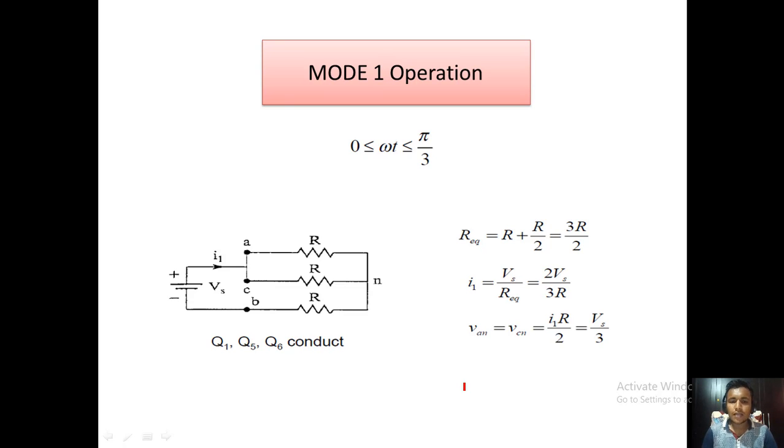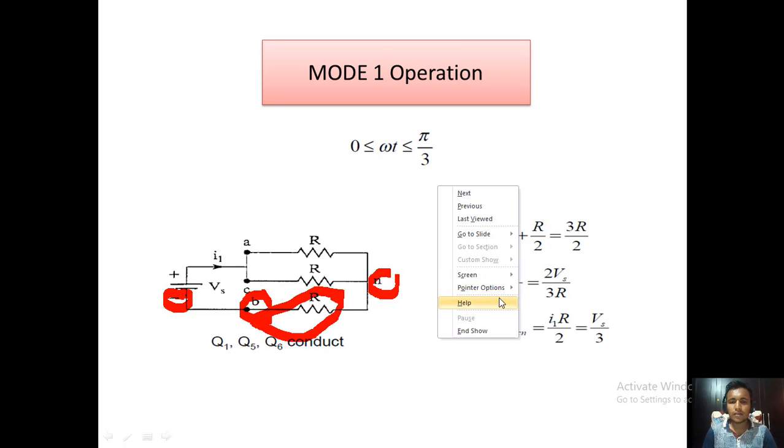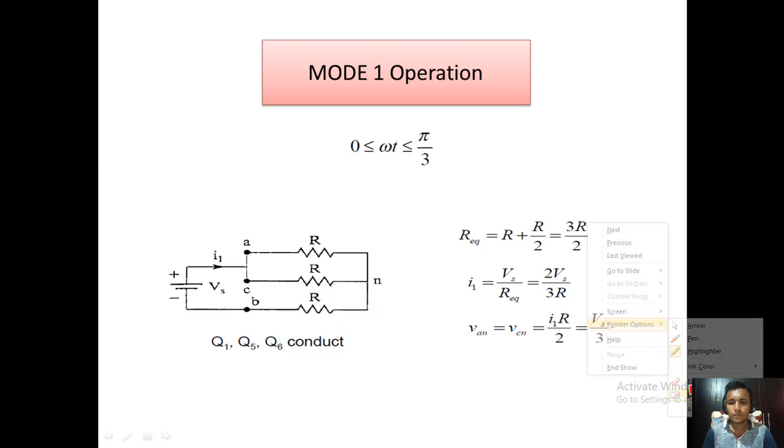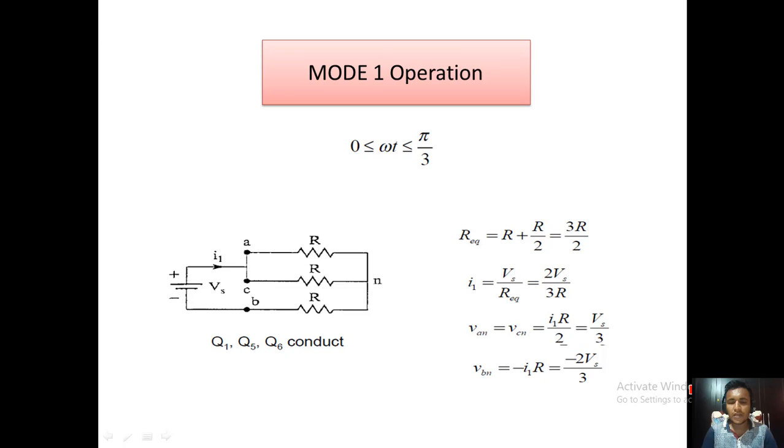And the last one is the phase voltage BN. We know that VBN is connected to the negative terminal of the DC supply. So here we can write VBN is equal to minus I1 into the resistor R. So the answer is minus 2Vs by 3.